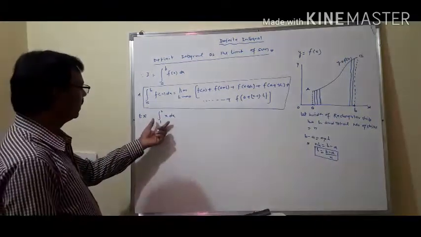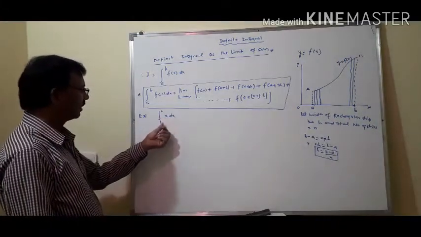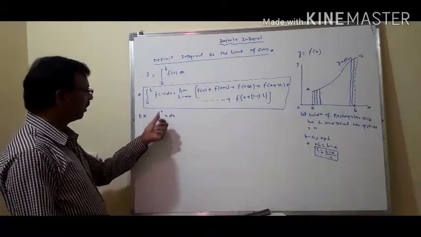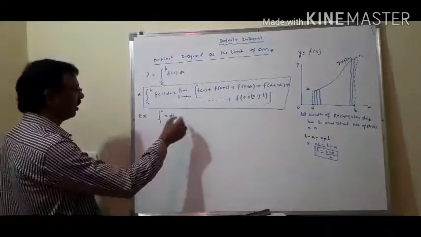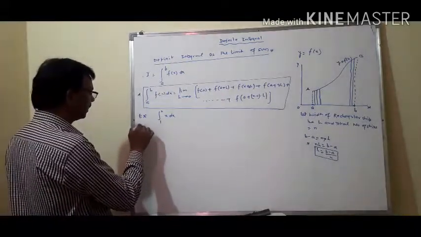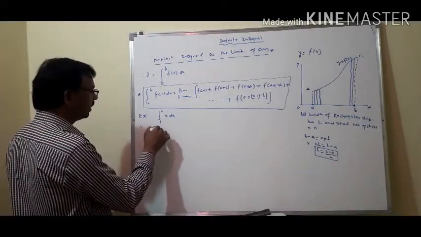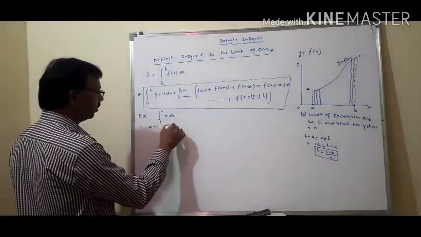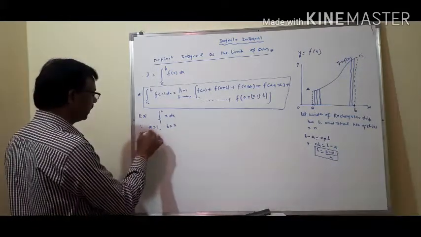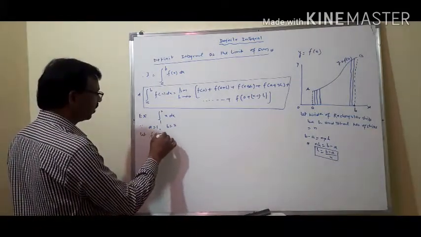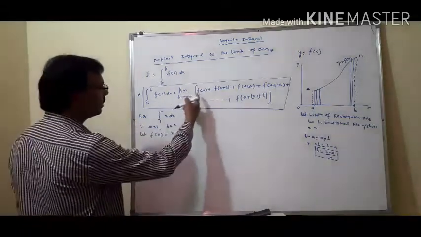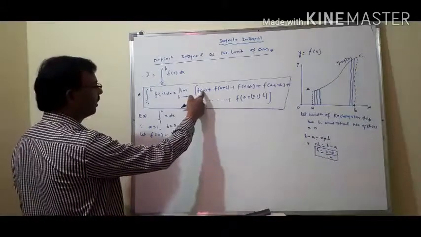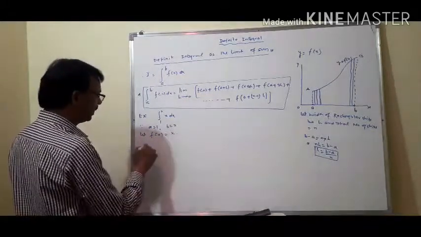What will be the integration of x from 1 to 2 by the limit of a sum? Here a equal to 1 and b equal to 2, let f of x equal to x. As you see, f of a means f of the lower limit.